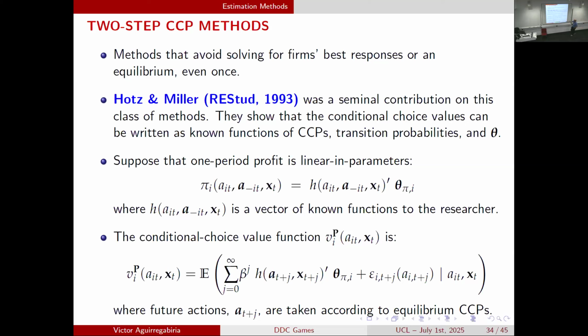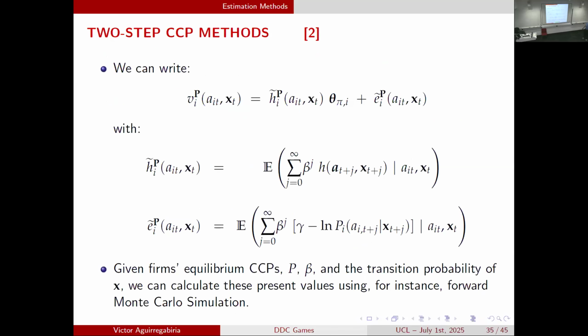And these actions, and therefore the selection of this epsilon, will be associated also to the optimal choices based on the choice probabilities. Then it's possible to solve for an analytical expression using matrix algebra for this object.